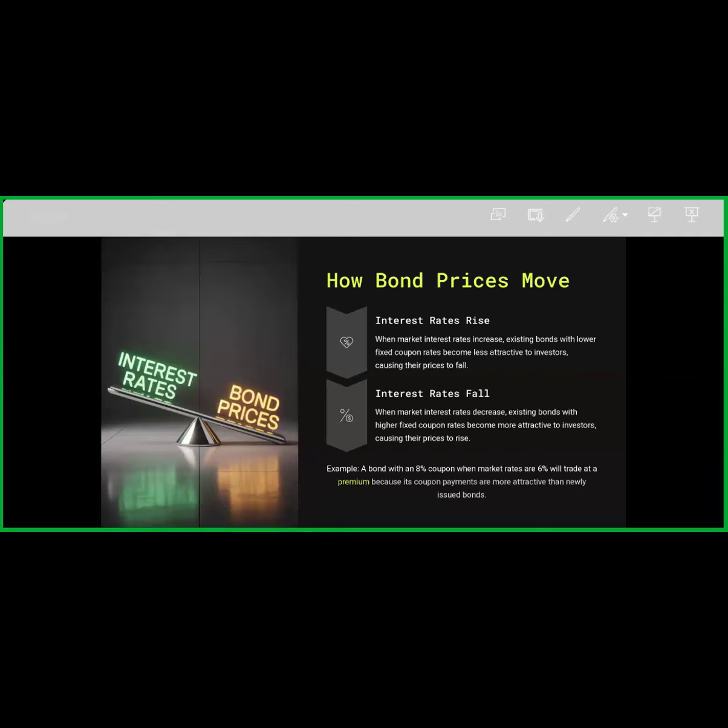Okay, so whenever the market interest rates fall or decrease, the existing bonds with higher fixed coupon rates become more attractive to investors, causing the prices to rise. Let's take the example that at the start of the bond, they decided the rate of 6%, but now the interest rates in the open market are 4%.